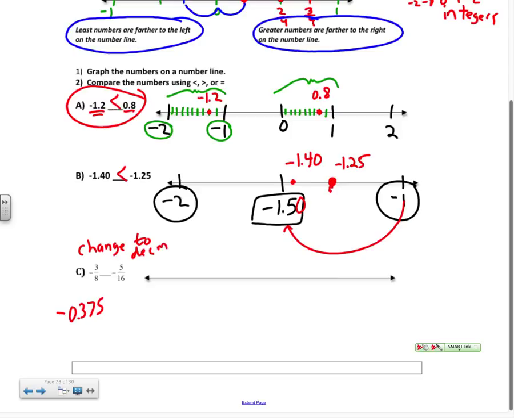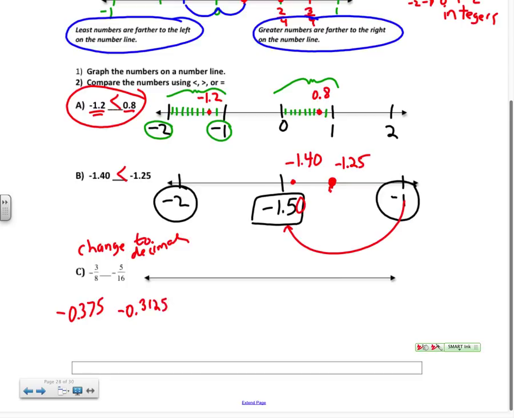And then we would calculate on our calculator what is negative 5/16 as a decimal. And I think, I forget, negative 0.3125, I think.